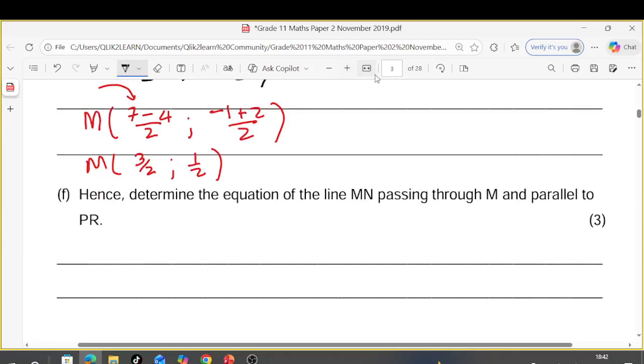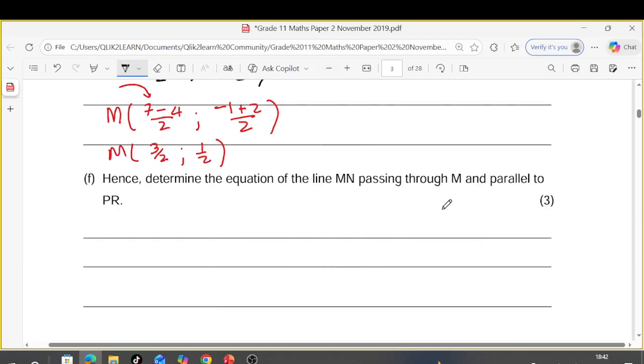Look at this question. This question says "hence", guys. This word means that we refer to the previous question, to whatever you are currently working on. Hence, determine the equation of the line MN passing through M and parallel to PR.